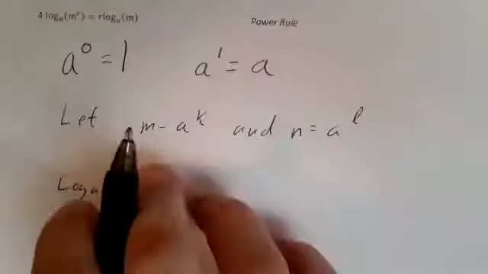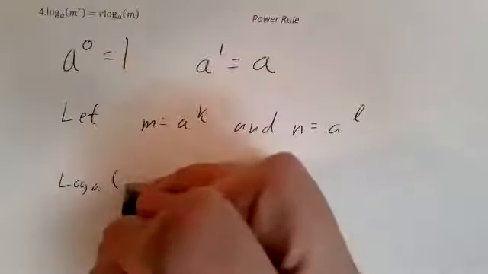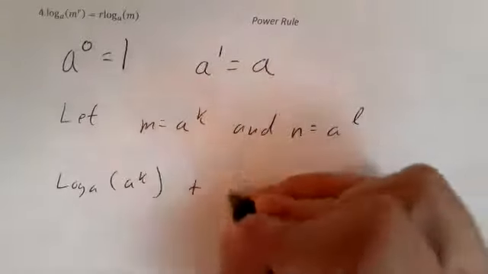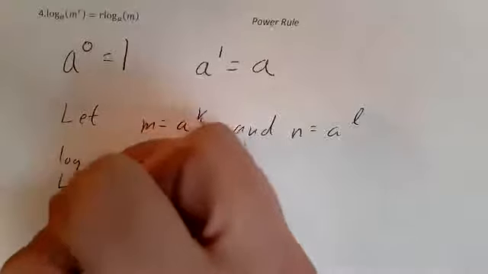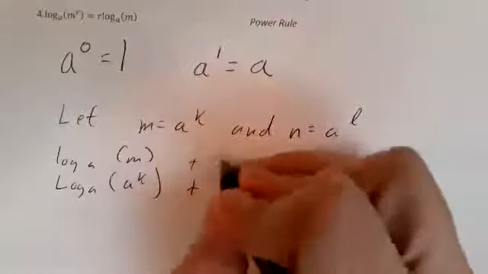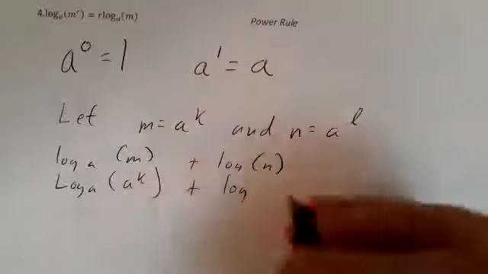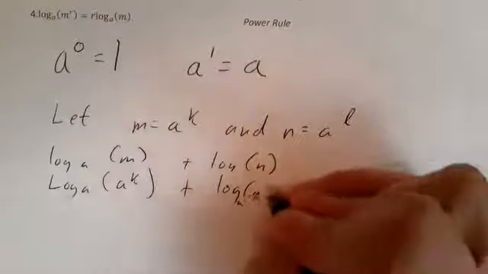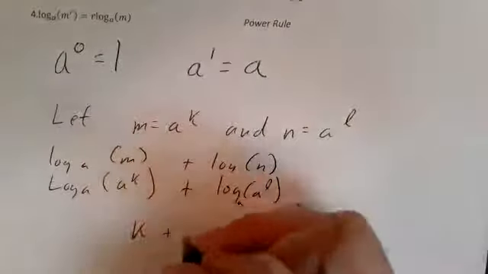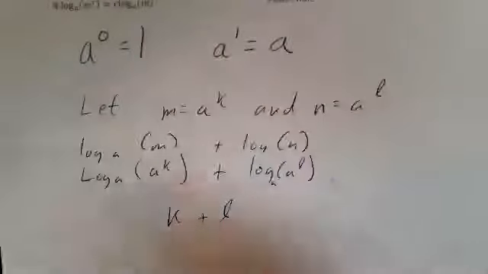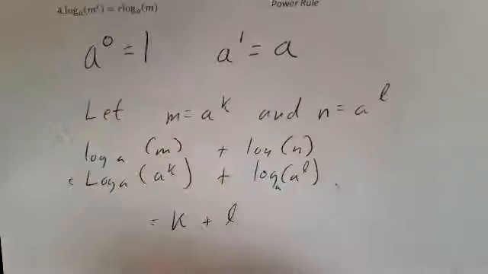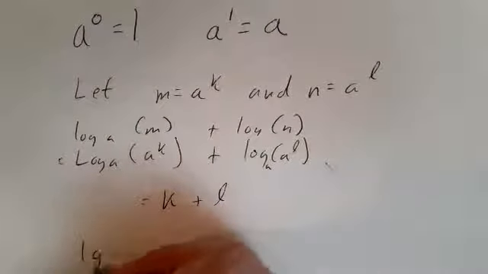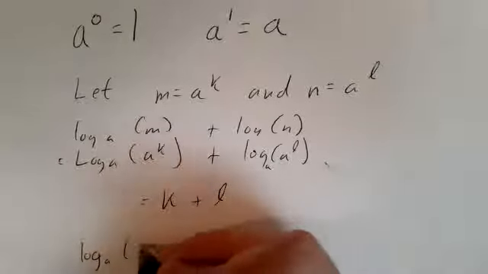Like you can look at the left side. Log base A of M looks like log base A of A to the K. When we look at the left side, we can rewrite it as log base A to the K and log base A to the L, and get something out of it that looks like K plus L. The right side is log base A of MN.